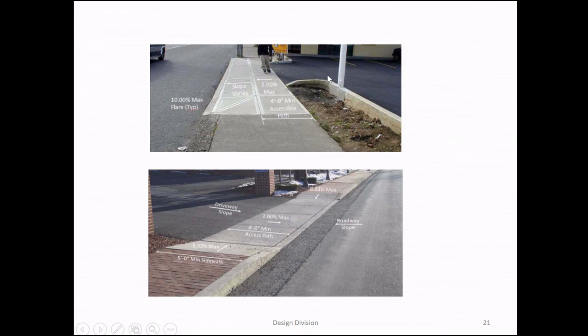Right, and that brings a good point. This is a nice picture, an easy one, but if you have a gate that has a rail here, you're going to have to relocate that rail, so just be careful.